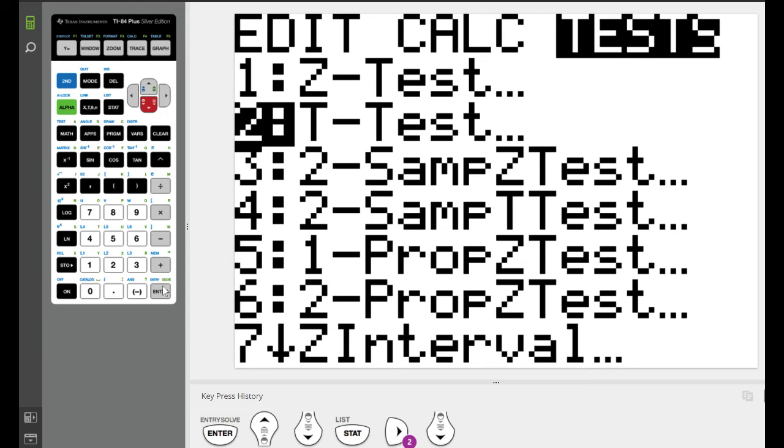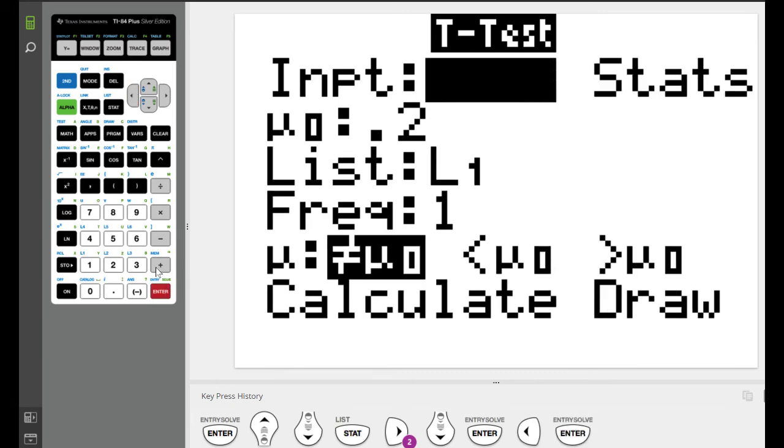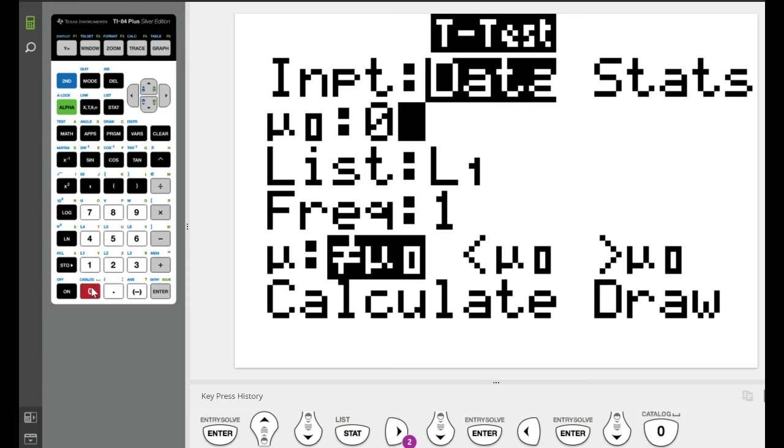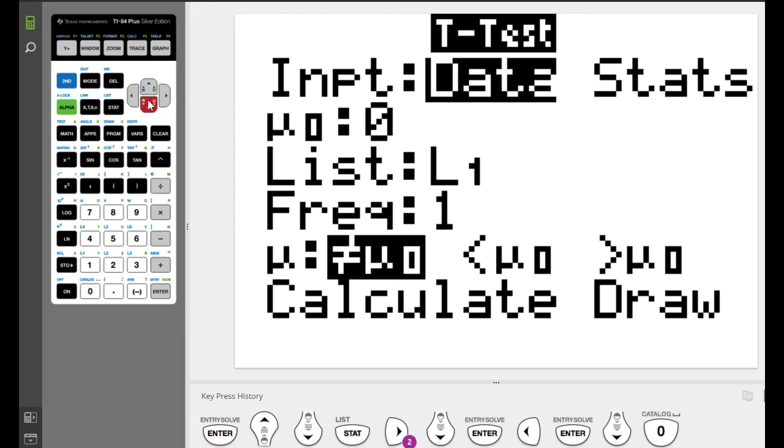Number 2 is the t-test. For the input this time, we have the data set, so we go to Data. The mu null, the mu naught, is 0 because that is from our hypothesis. Remember, our claim is that mu d is greater than 0.